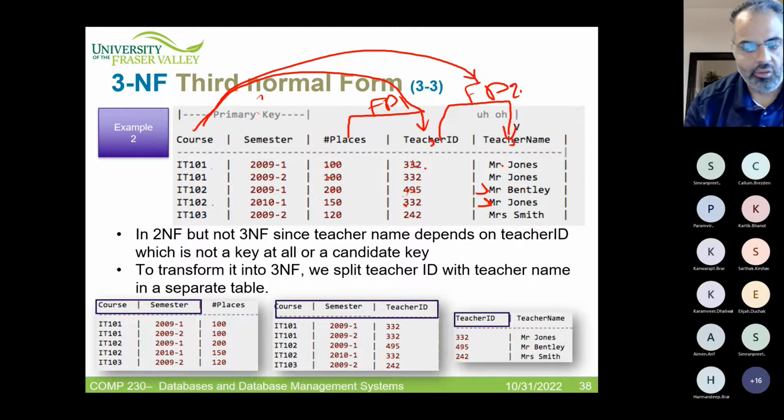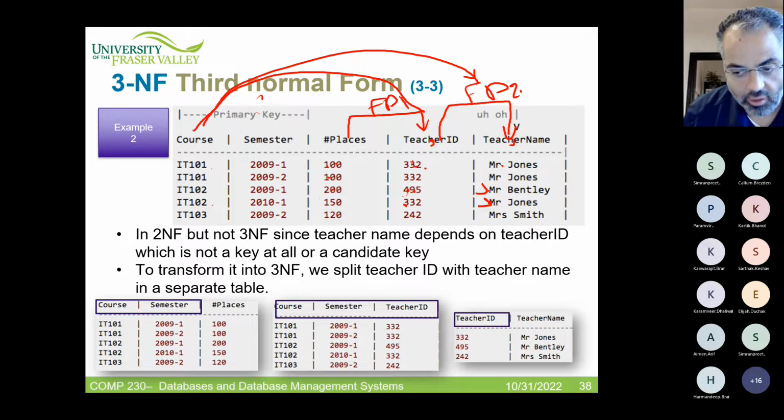But in this case, it is second, because second says all non-primary attributes should be related to the primary key fully, not directly, sorry, fully. Which means that no part of the primary key can be related to a non-primary attribute, which is the case here. The course is not related to anyone, the semester is not related to anyone. In this case, it is second.